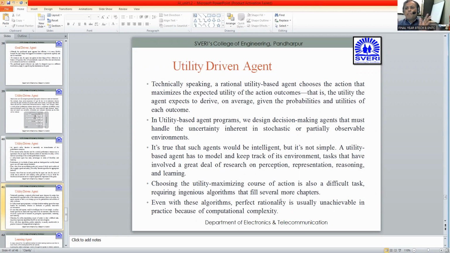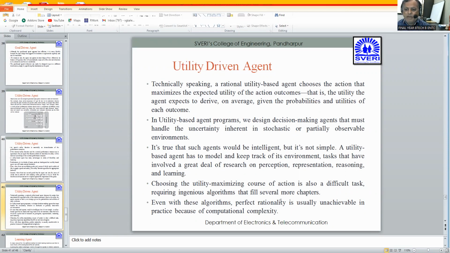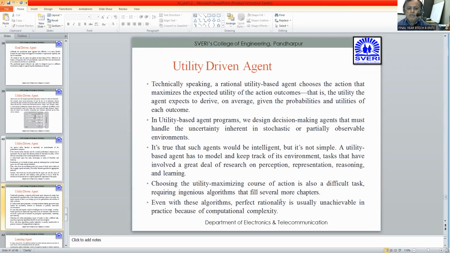It should work in such a way that it can react or respond to the changes happening around. Even with these algorithms, perfect rationality is usually unachievable in practice because of computational complexity. Even after all this, perfect rationality is hard to get, because computational complexity is very high, right?